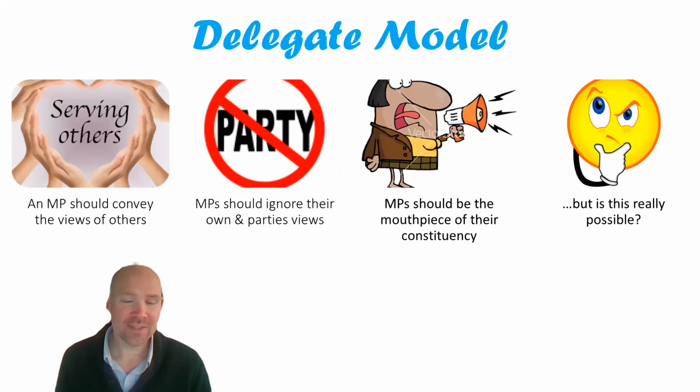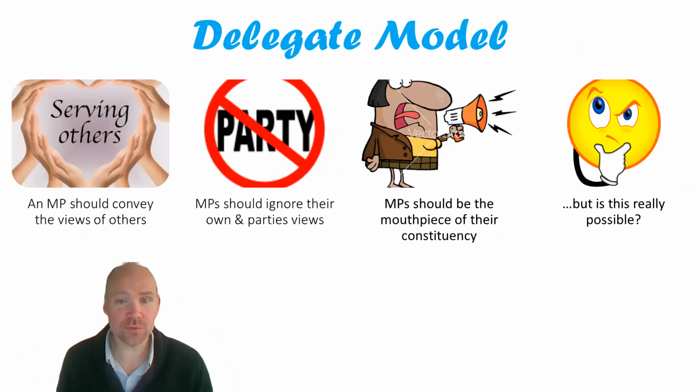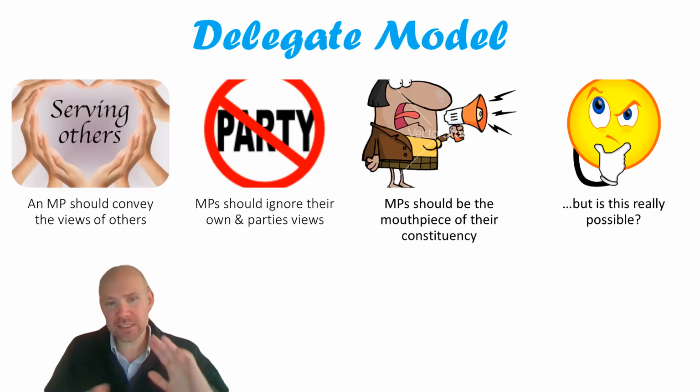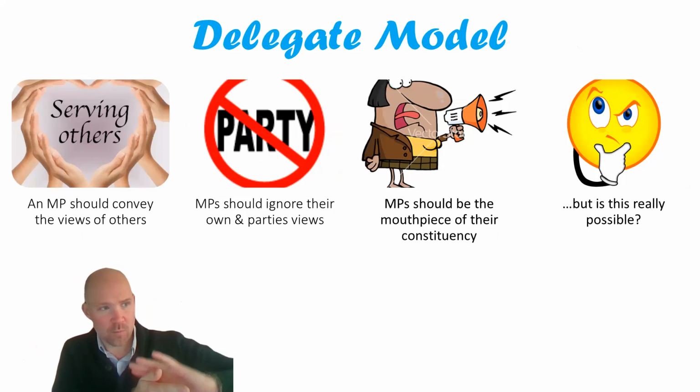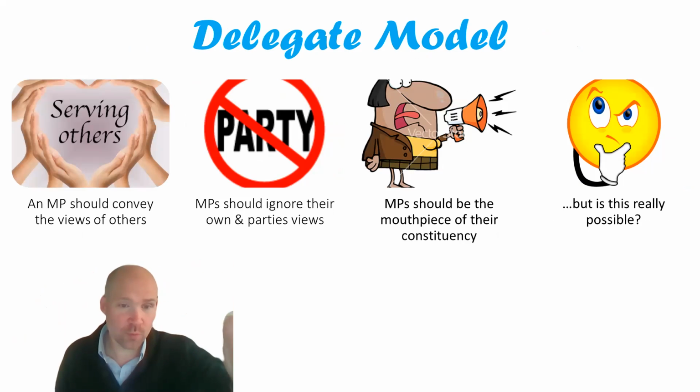Model number two, the delegate model. This is almost the complete opposite. This argues that an MP should convey the views of others. A delegate is someone that is sent from somewhere to represent someone else. So like, you know, when you guys do group work and then the teacher says something like, okay, could one person in the group summarize what everyone else in the group thought?